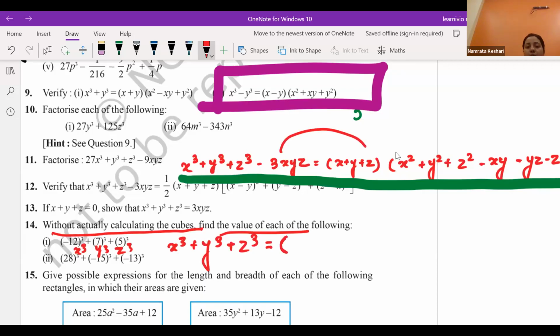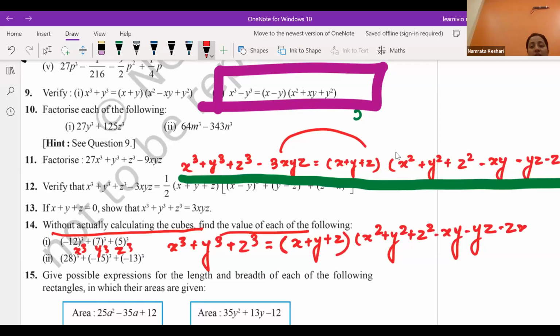You can write x plus y plus z in one bracket, then x square plus y square plus z square minus xy minus yz minus zx, plus 3xyz. Are you getting it? It's the same formula, such a huge formula. This is how I have done the customization.